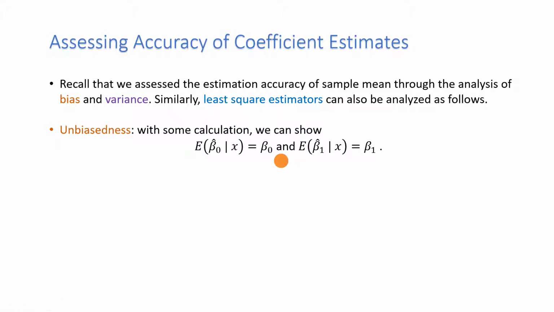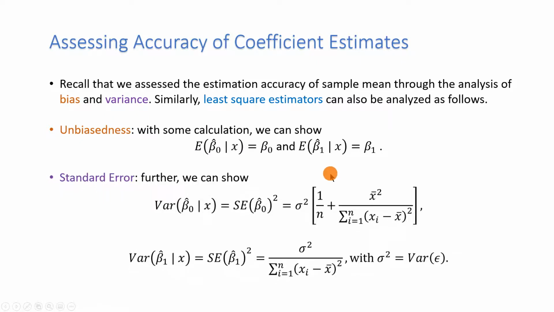Besides unbiasedness, we also would like to know, for a given random sample, how your estimators beta 0 hat and beta 1 hat, as two random variables depending on your random sample, spread around your truth beta 0 and beta 1. To understand that, we analyze the variance, or what we call the standard error, of your two estimators.